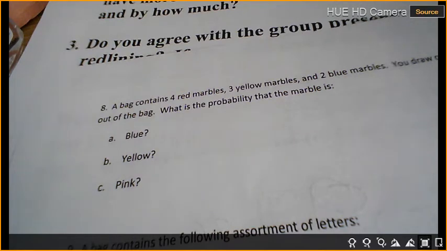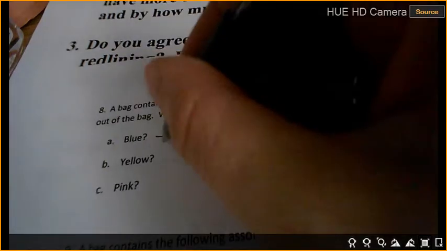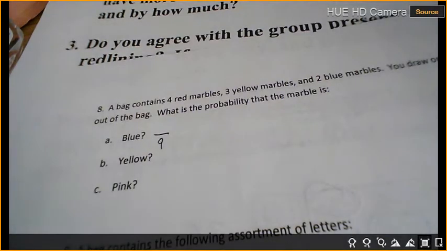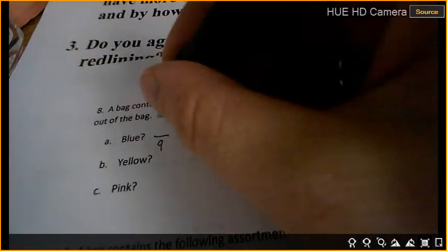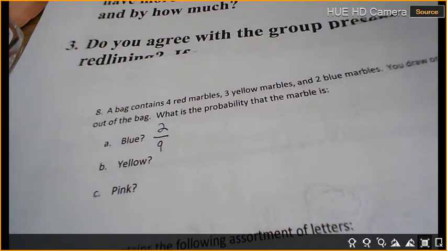Okay, so how many marbles are there total? So 4 plus 3 plus 2 is? 9. Okay, so we know there's a possibility of 9. How many of them are blue? 2, so 2 out of 9. Does that make sense? How many of them are yellow?